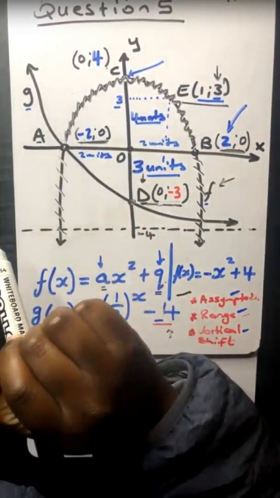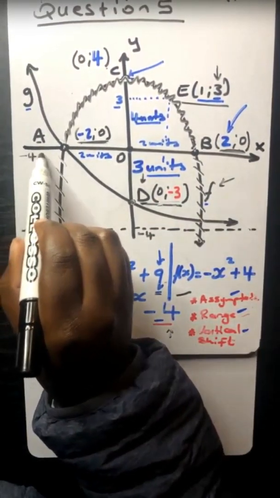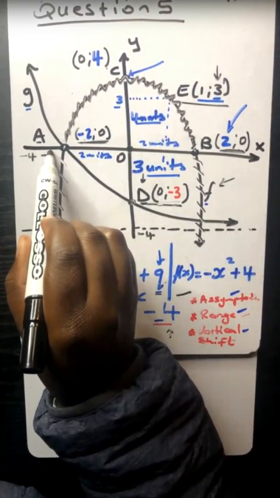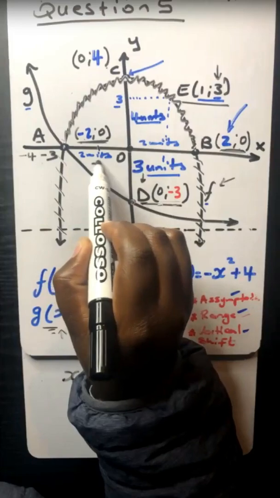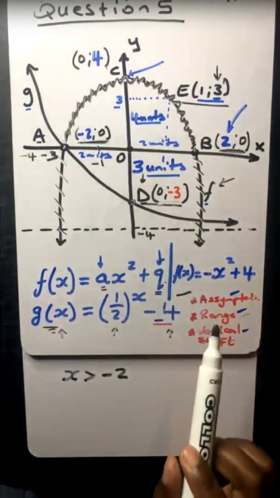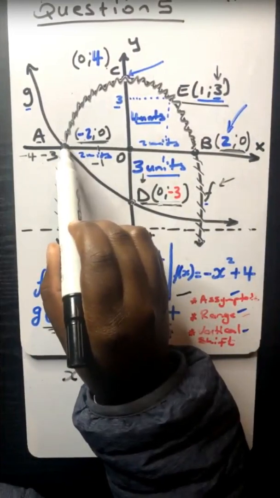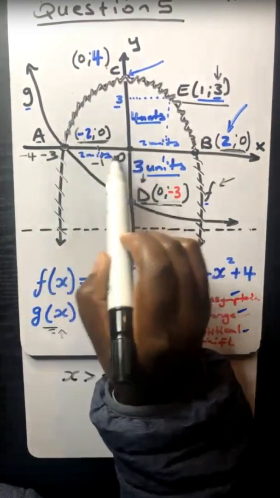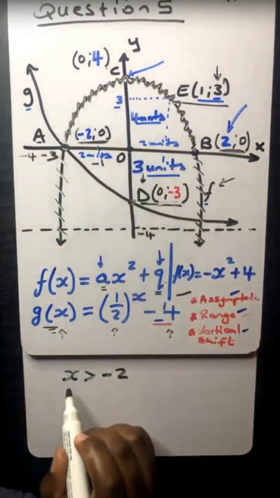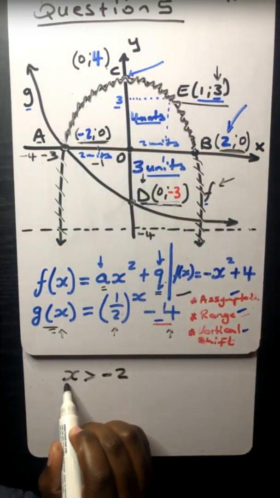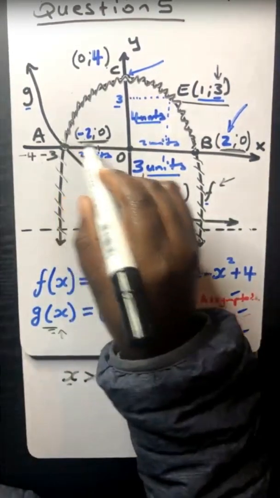Do you agree that, how do I explain this? Let me say, remember, on this side we have maybe -4, -3, then we have -2, maybe let's say we have -1 there. So do you agree that when you want to say from that point in that direction, as you increase the x values, you are going to say where x is greater than -2, it's from there in that direction.